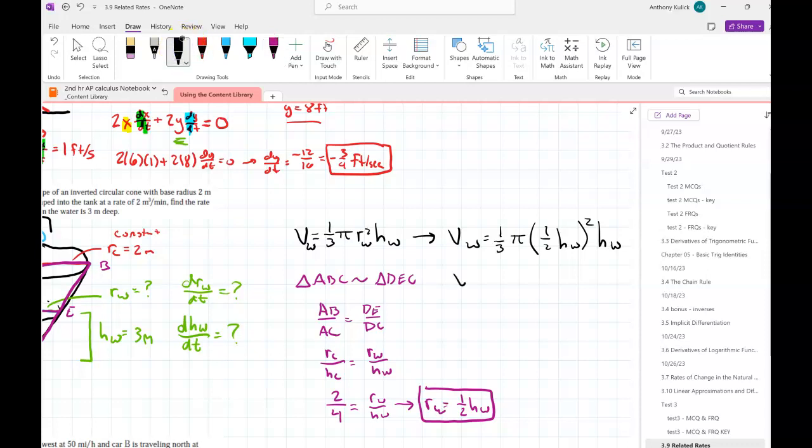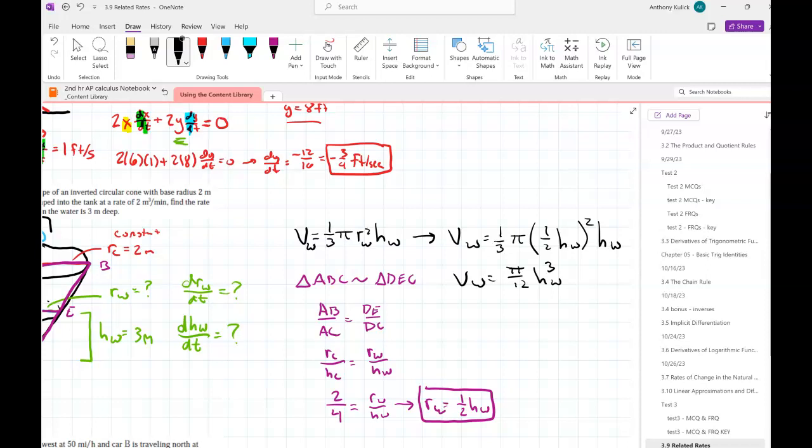If we simplify this stuff a little bit, I'm going to write that as pi over 12 HW cubed. 1/2 squared is 1/4, times 1/3 is 1/12. So far, so good? What did you do with this? The ratios?